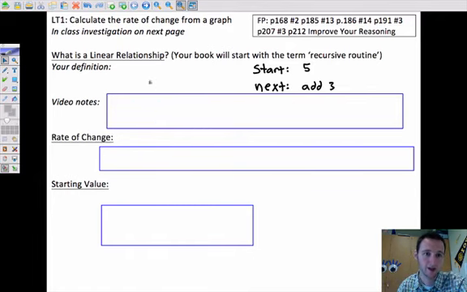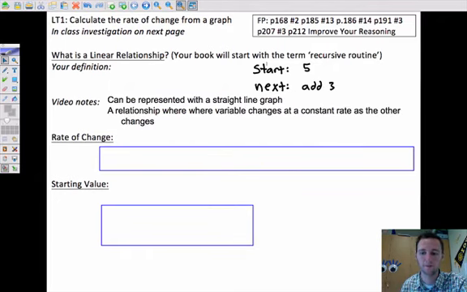For now, though, the definition that we would like you to have for a linear relationship is that it can be represented with a straight line graph, and that a linear relationship is a relationship where a variable changes at a constant rate as the other changes.